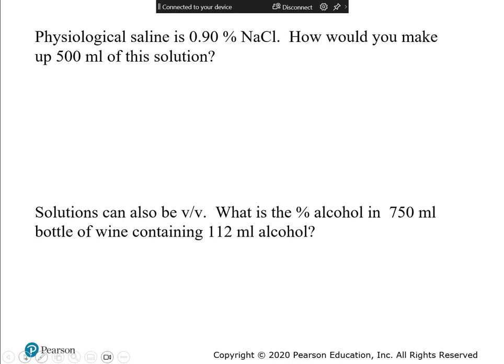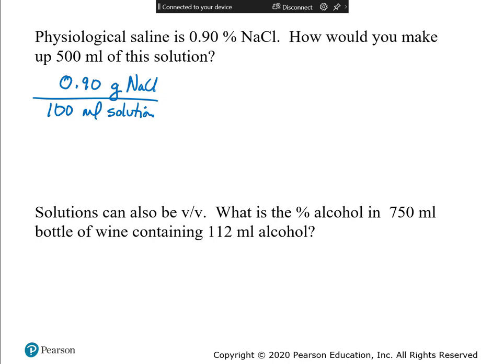So what would you do first? Change your percent to what? Grams per 100 milliliters. Right? And if you want to keep all your words, 0.90 grams of sodium chloride per 100 ml solution.